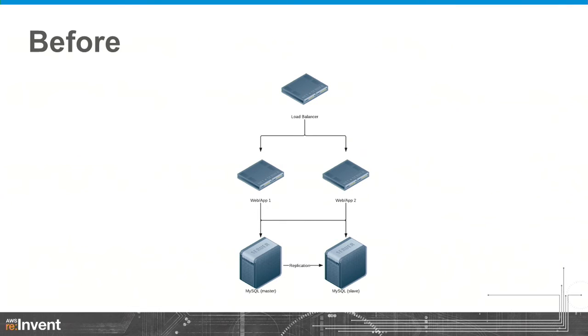When we started the system, we had a very simple and basic architecture. Just a load balancer in front of two application servers and a pair of MySQL servers in a master and slave configuration, all running in an on-premise data center.